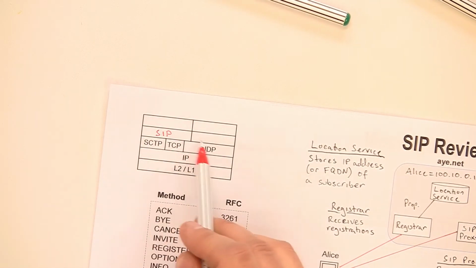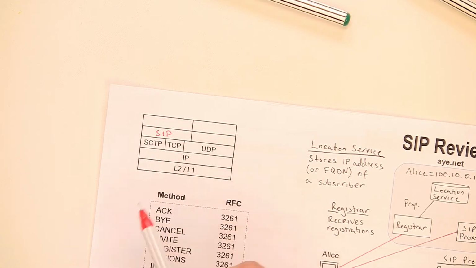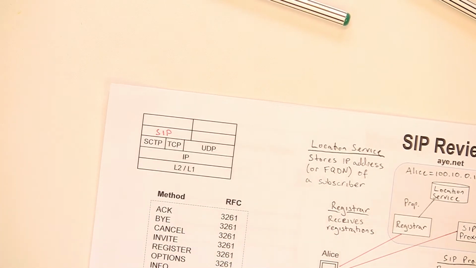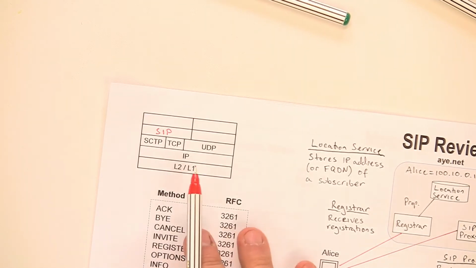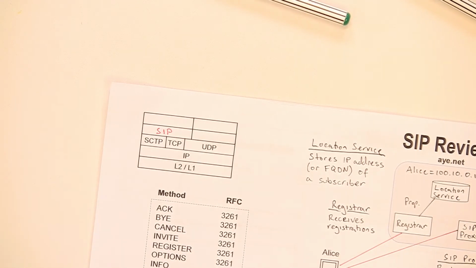You see how this box is lying on top of SCTP, TCP, and UDP. SCTP isn't very common, I'd say. TCP and UDP are quite common, both of them. I'd say there is a slight advantage for UDP, meaning that there are a little bit more implementations using UDP. But that's just from my experience. You can use both TCP and UDP, and it works fine.